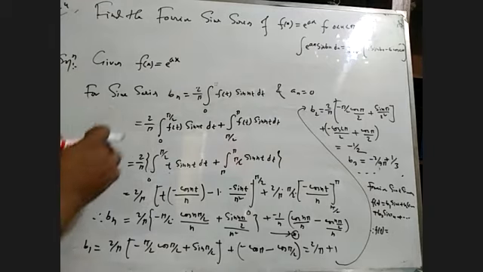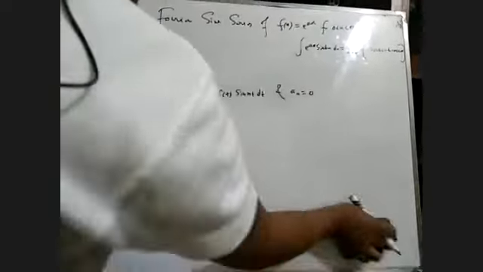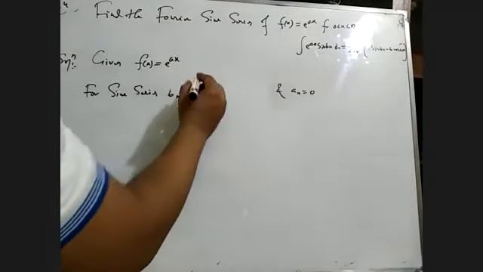Now if we want to find the Fourier sine series, Bn equals what will be?